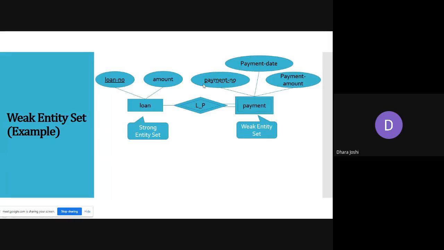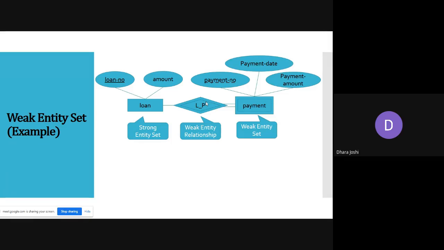Payment number can be used to identify all of this, but the existence of this payment will not be possible if we do not know about this loan. So it is called weak entity set. And this weak entity set is connected with this relation, so this relation is also called weak entity relationship.